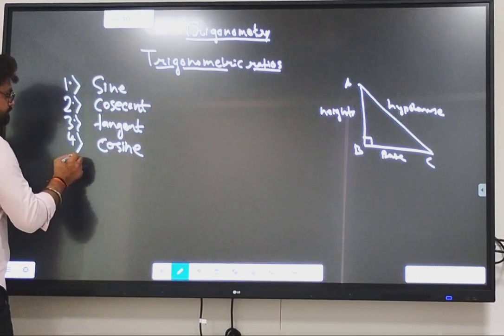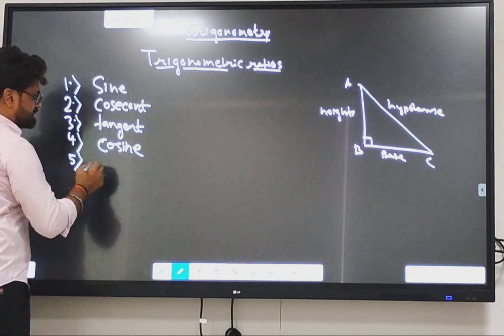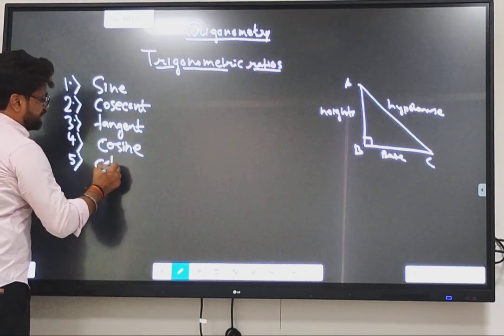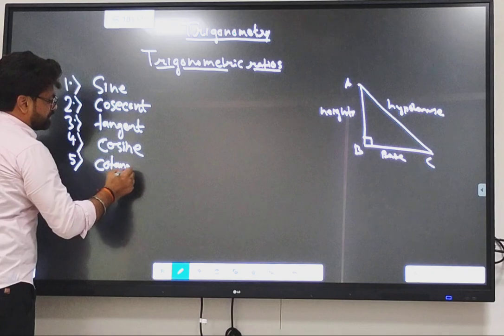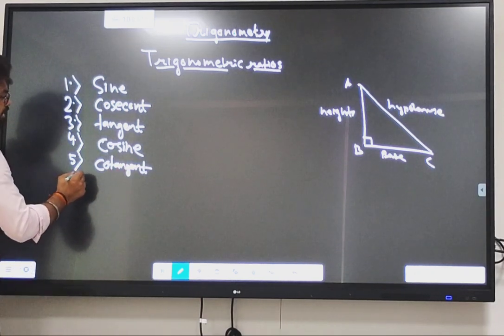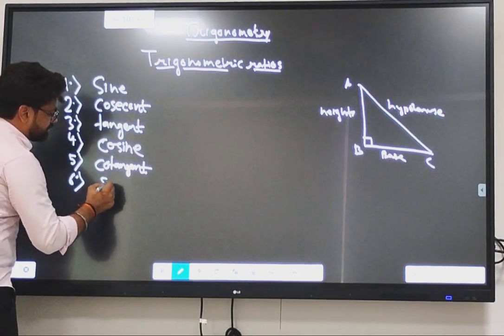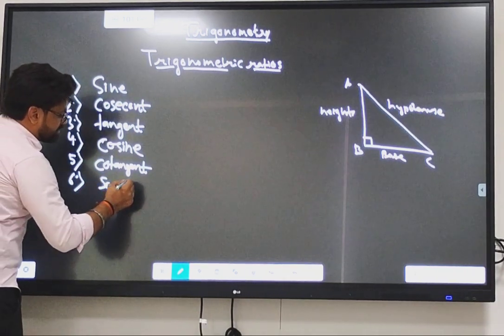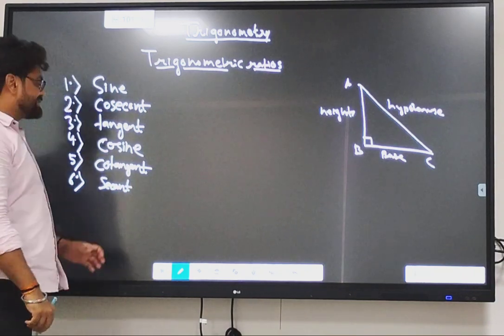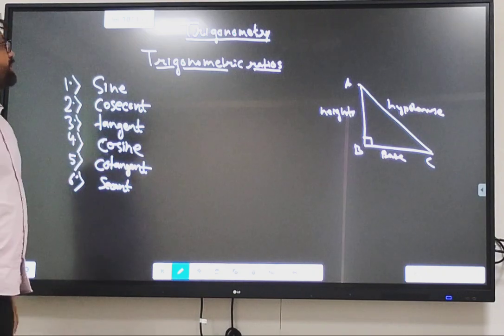Next, we have the reciprocal of cosine, that is secant. Then the reciprocal of tangent, that is cotangent. So these are the six ratios which we are going to study in trigonometry.